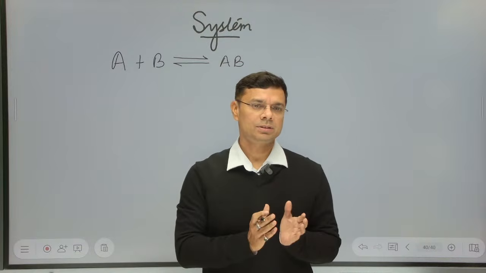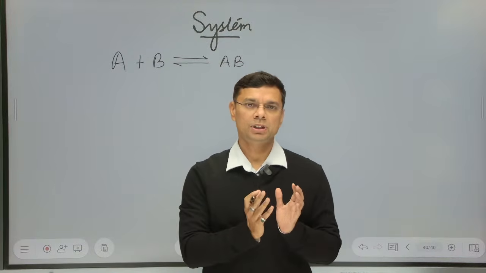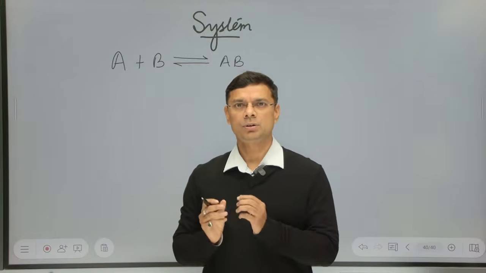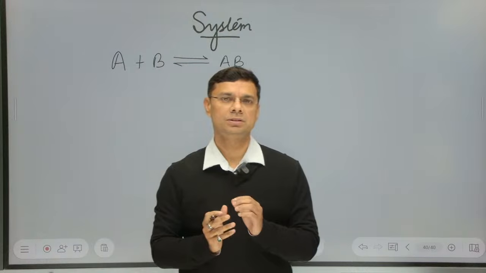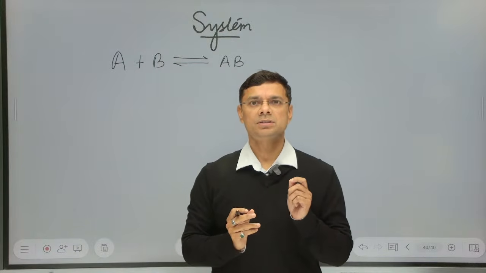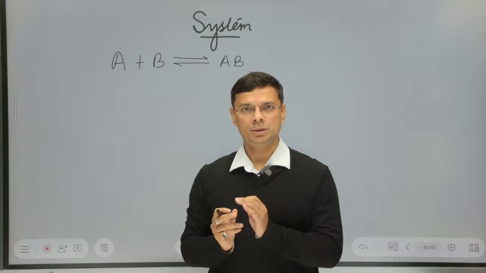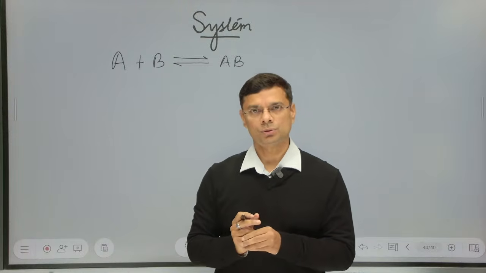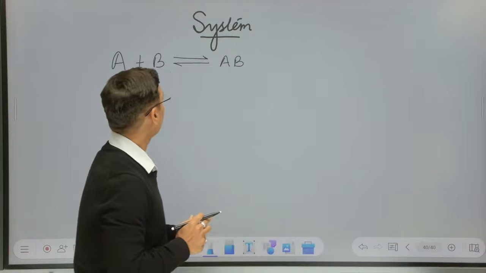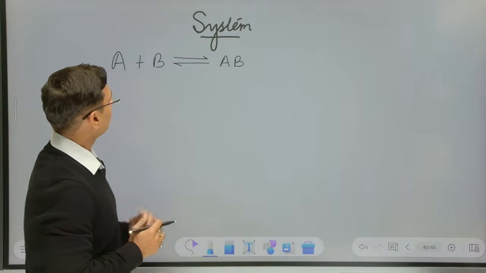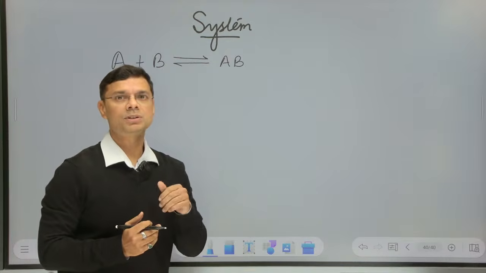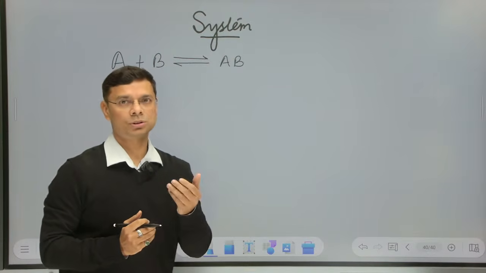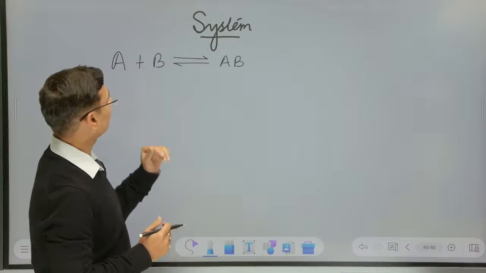Our elements, we used to say, substance A, substance B, and substance AB. And as far as states are concerned, we take states as the concentrations of A, B, and AB, and there are other states also. So now if some process is going on, this is a chemical reaction, and this is a reversible chemical reaction, so we can say a process is going on. So what is happening in this process?